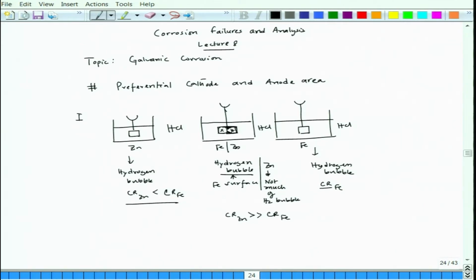In this case, iron becomes cathode and zinc becomes anode, and that is why you have preferential zinc corrosion. In the other cases, you will see uniform corrosion.